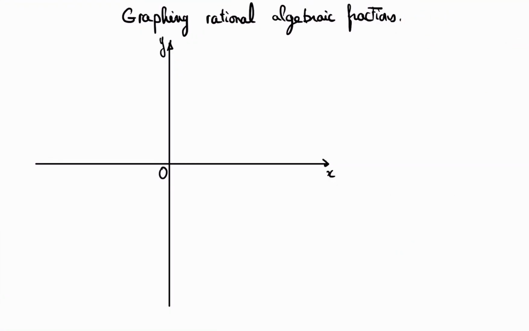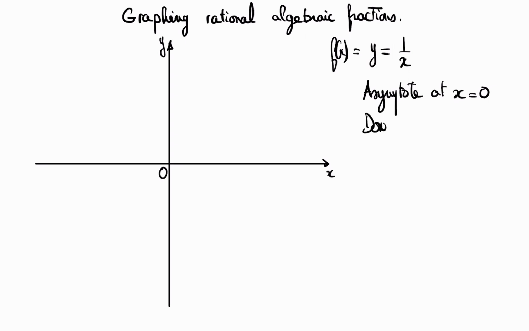Now let's graph rational algebraic fractions. Particularly, we'll start with y equals 1 over x, f of x. There is an asymptote at x equals 0 because the domain is R minus the element 0, for which we cannot calculate f of x.